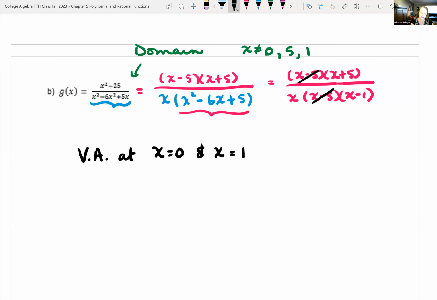So we did have a common factor which set both the numerator and denominator equal to 0. And there were no remaining factors after we canceled those, and that's where our removable discontinuity is going to be. So our removable discontinuity occurs when x is 5.